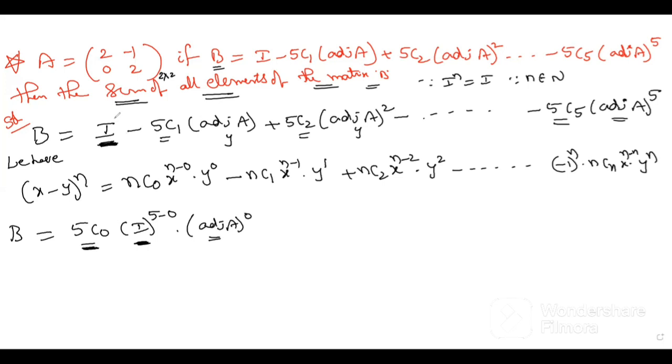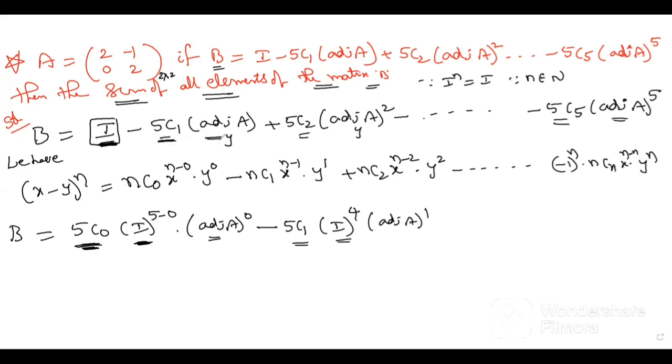I can be written as 5C0 into I to the power 5 minus 0 into adjoint of A power 0. Next, 5C1 into I to the power 5 minus 1, that is 4, adjoint of A power 1.